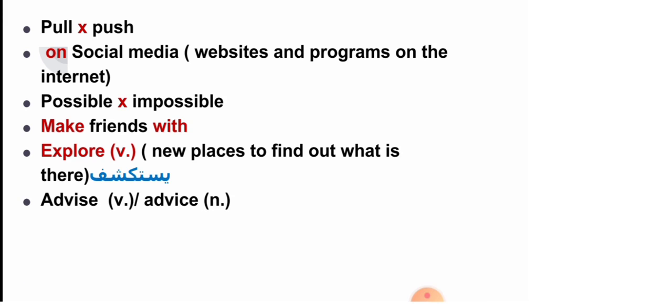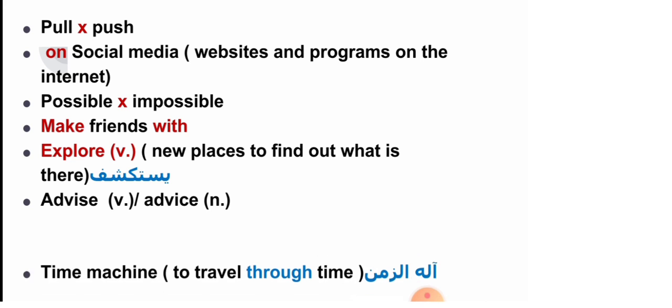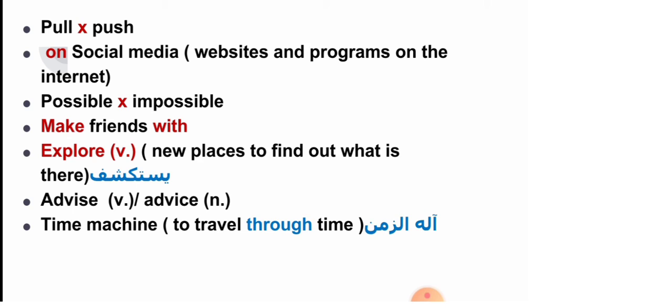We have advise, the verb, and advice, the noun. I advise you. My advice to you is to. So advise is a verb, advice is a noun. Time machine, a machine that we use in stories to travel through time.